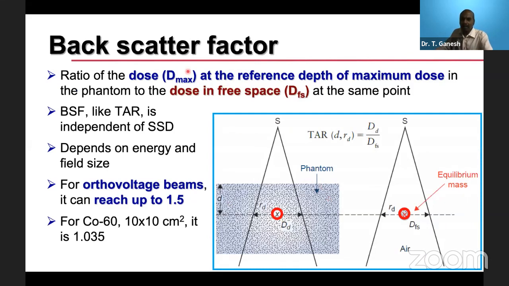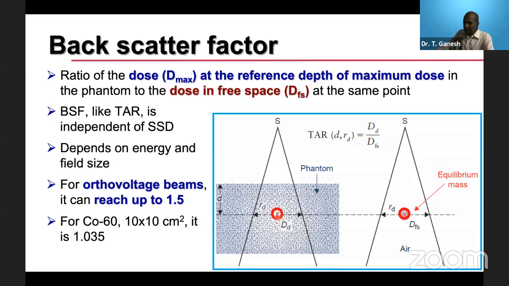Now come to the backscatter factor. Backscatter factor is nothing but a special case of the tissue air ratio: the ratio of the dose at the reference depth of maximum dose in the phantom to the dose in free space. You see here, this is tissue air ratio. This point is at any arbitrary depth D. So the dose at this point to the dose in free space, that is tissue air ratio.